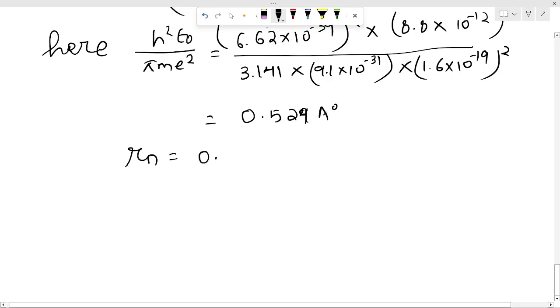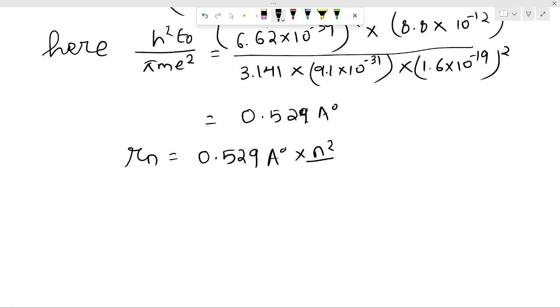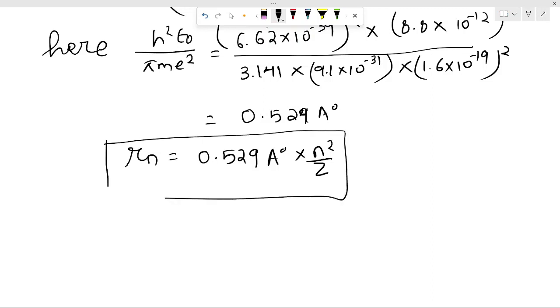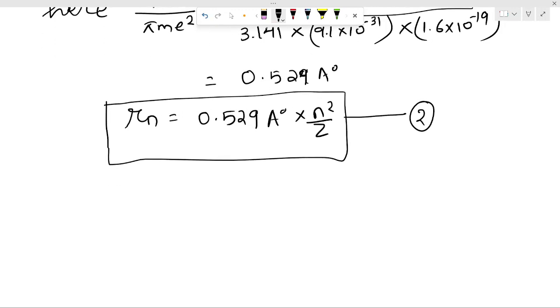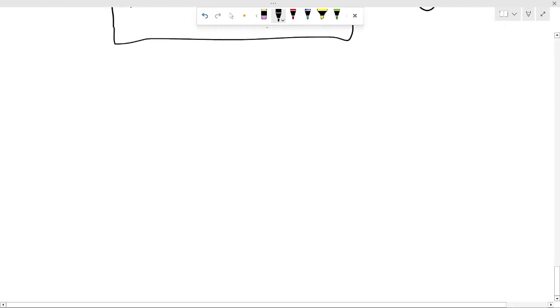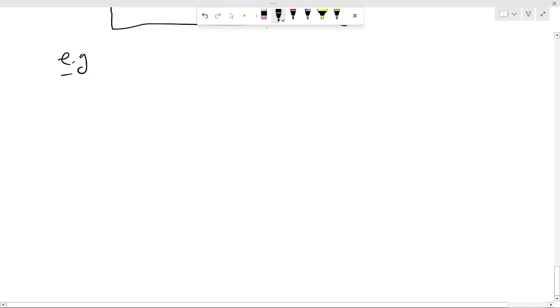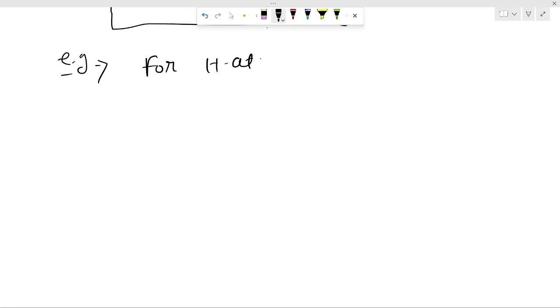So Rn becomes 0.529 Armstrong into n square upon z, isn't it? Give it a bracket and give it equation number 2. So for the hydrogen atom, for example, if I have to calculate the radius, z is equal to 1.